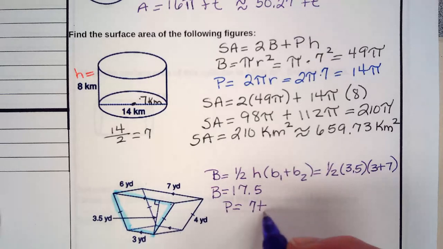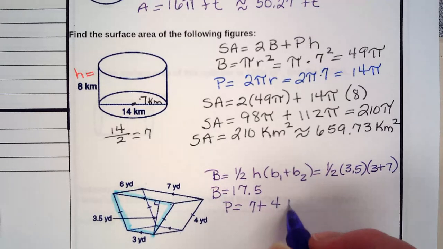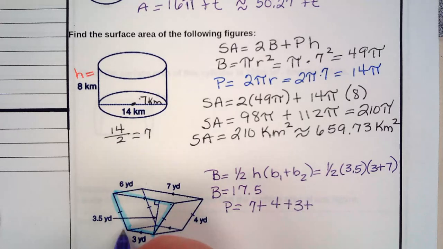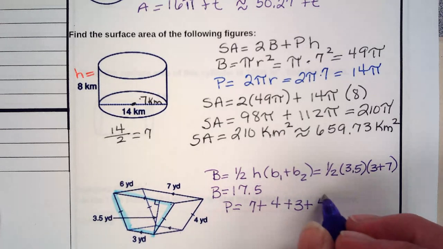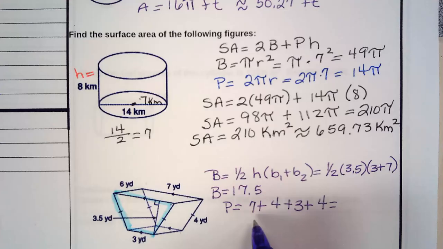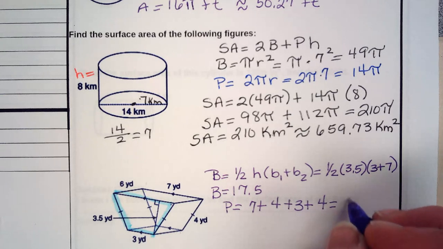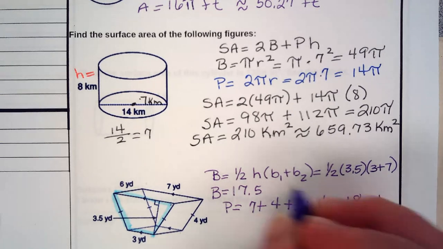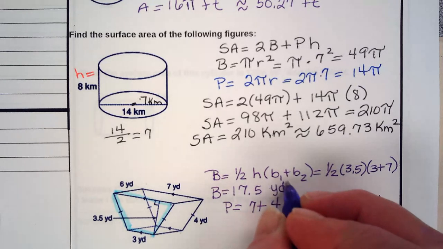This edge is 4. 3 is my other edge. And 4 has to be this last edge. So that is 7 plus 7 plus 4. 7 plus 7 is 14 plus 4 is 18. That would be yards. This would be yards squared.